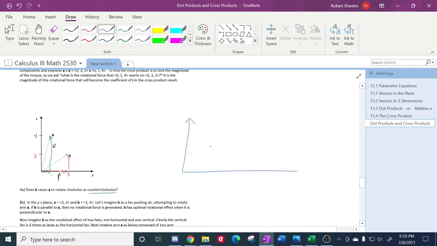Tip to tip. This B is supposed to be more straight up. Let me get that a little bit better. Hang on a second. I think I started it out right.